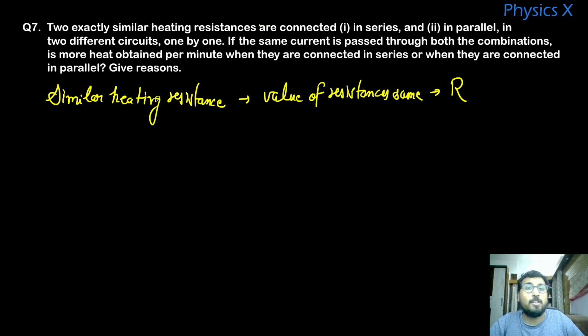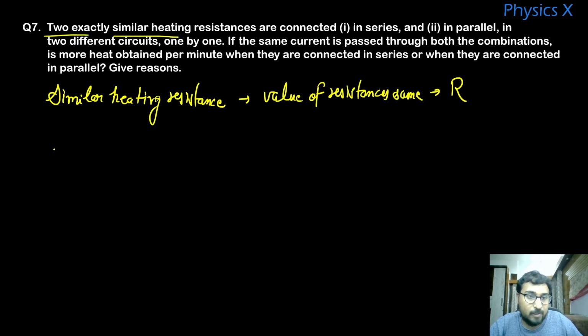So two exactly similar resistances are connected in series and parallel in two different circuits, one by one. If the same current is passed through both the combinations, is more heat obtained per minute when they are connected in series or when they are connected in parallel? Give reasons.